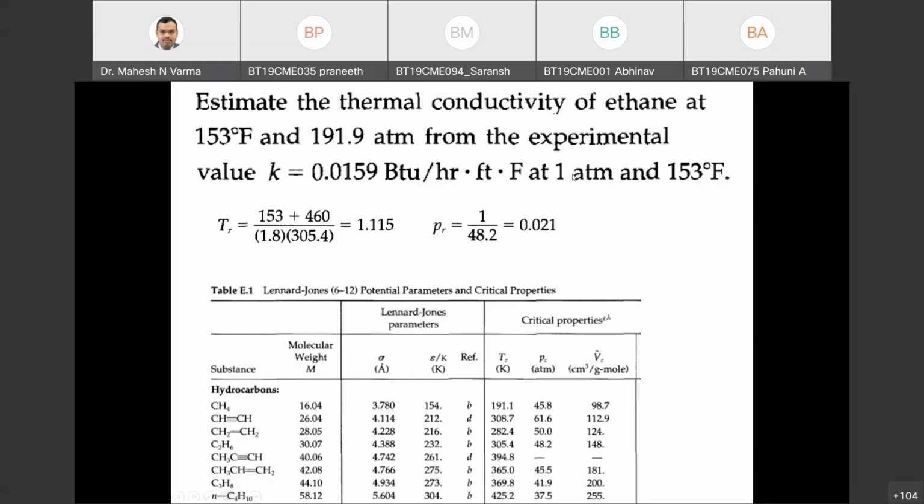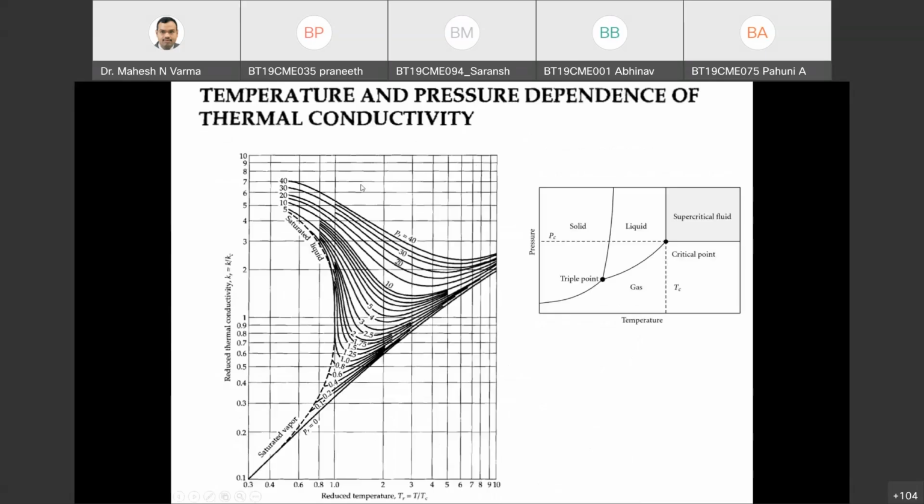For this temperature and this pressure, we got reduced temperature and reduced pressure. So from the graph, we can find reduced thermal conductivity. Yeah, very good. Thereafter, since K value is given, we can find Kc. Yeah, very good.